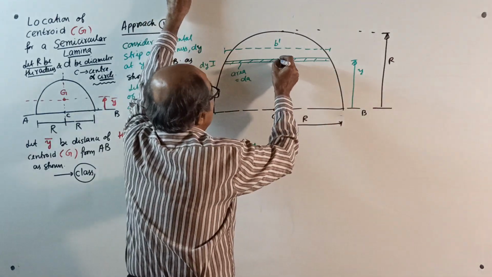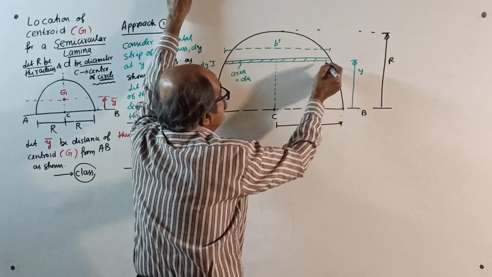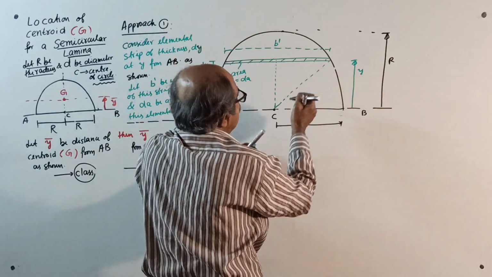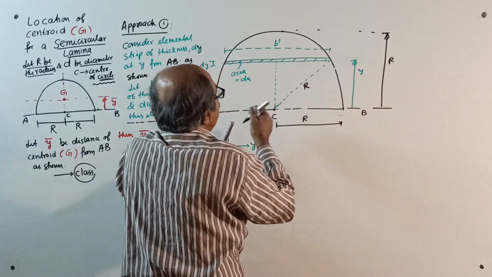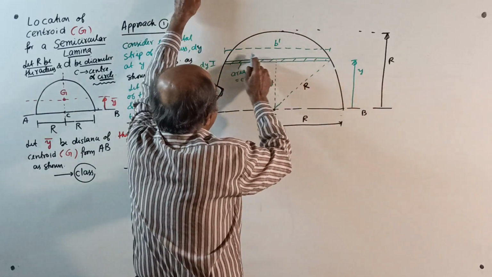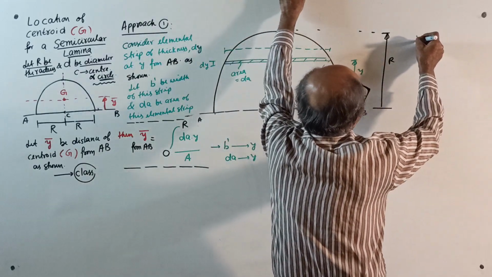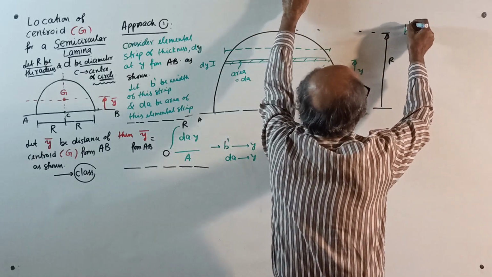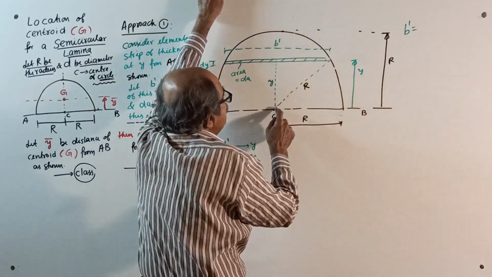How? Draw a very light dotted line here and join to this point. Then this will also be R, and this will be y. This also is y. Consider the right angle triangle.